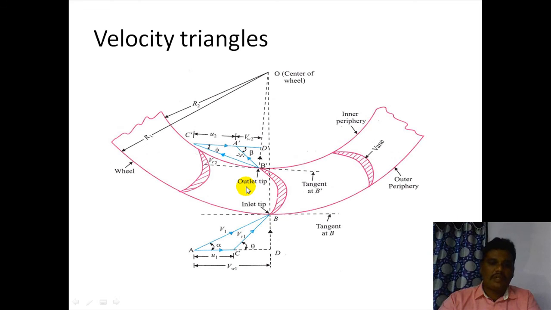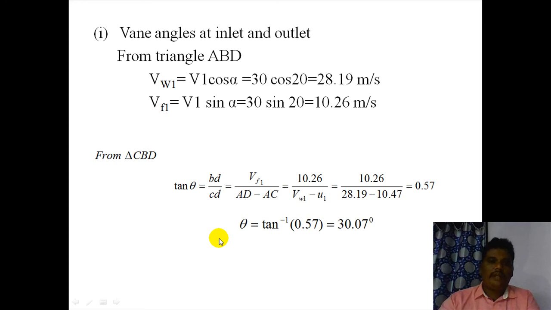From triangle ABD, cos alpha is equal to VW1 divided by V1. From that, VW1 is equal to V1 cos alpha, that is V1 is 30, 30 cos 20, we get 28.19 meter per second.